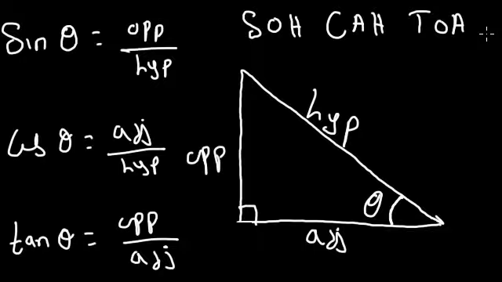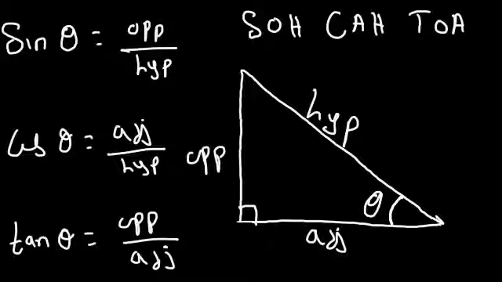And that's it. So the goal is just for you to keep in mind this postulate: Soh Cah Toa. Sine is opposite over hypotenuse, cos is adjacent over hypotenuse, tan is opposite over adjacent.